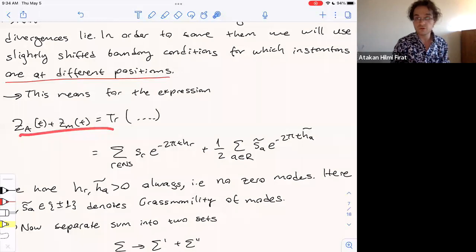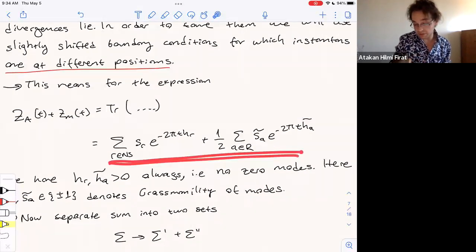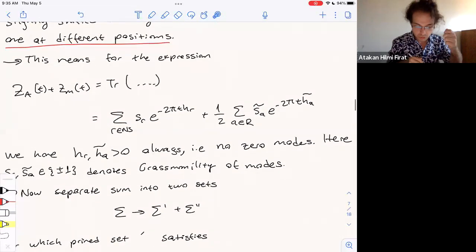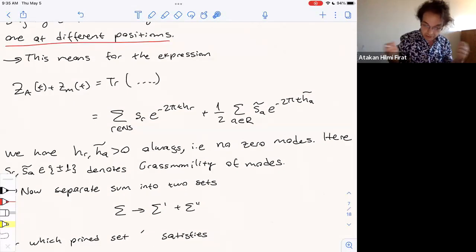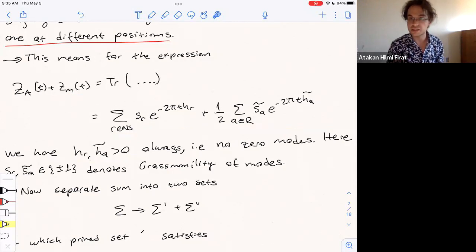So if I do that and separate them far enough, this expression that I wrote for the annulus plus Mobius strip, which was a trace over the NS and R sectors, can also be written in this form over the spectrum, over the modes rather. If I separate them far enough, I can write this expression in terms of this, where the weights are always greater than 0. If there were zero modes, a few of them might be 0.